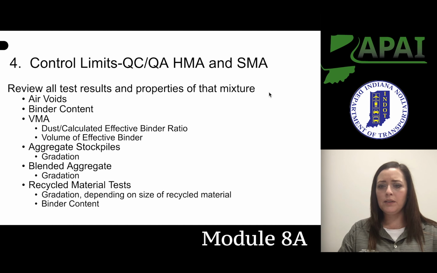Aggregate stockpiles, we need to have the gradation for those aggregate stockpiles. For the blended aggregate, you need to note how the blended aggregate is obtained and the gradation of that blended aggregate. And the recycled materials, what recycled materials are you testing? You also need to have the gradation, depending on the size of the material, and the binder content of that recycled material.